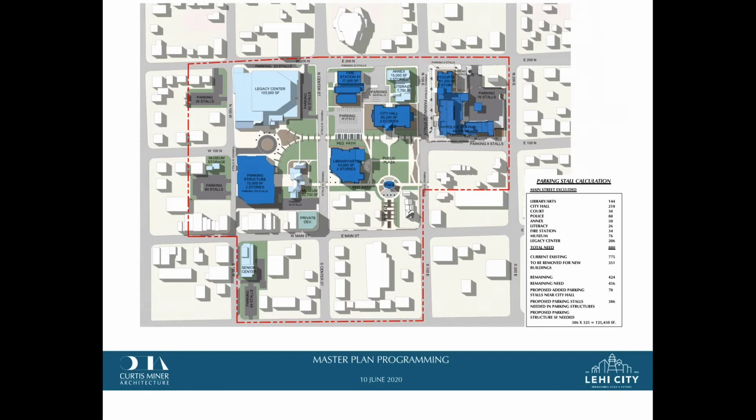So we created some parking stalls that are located adjacent to the courts, and internal parking stalls adjacent to the City Hall, parking stalls along Center Street, and in the current parking area of Legacy Center, creating a two-story parking structure that would double or triple the capacity of the current Legacy surface parking.